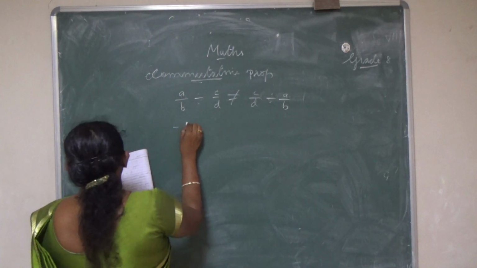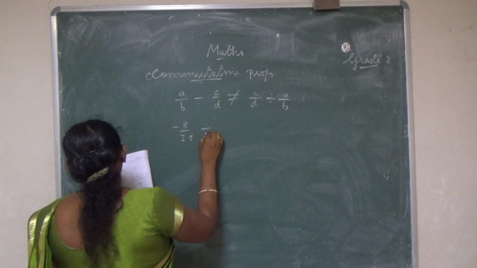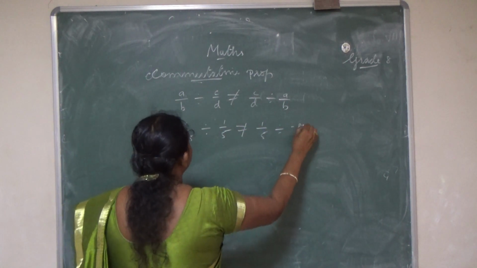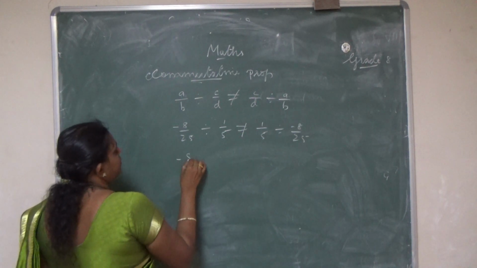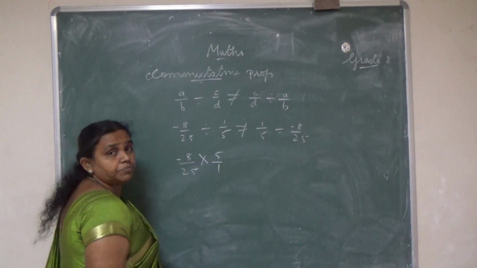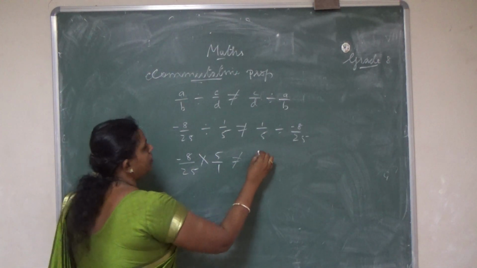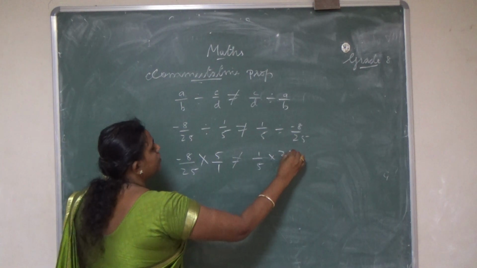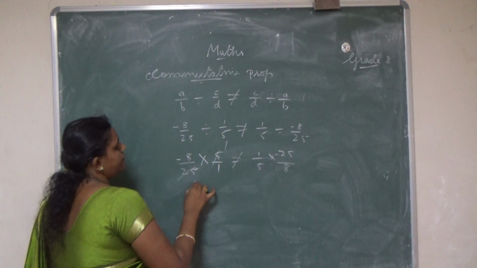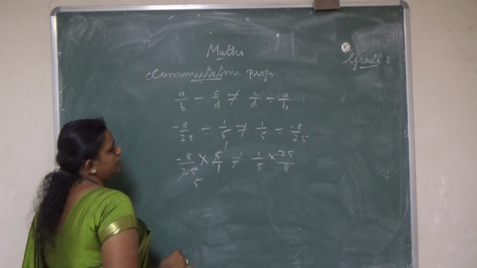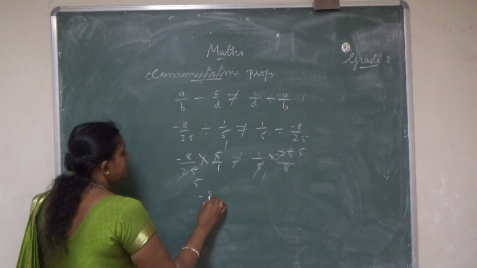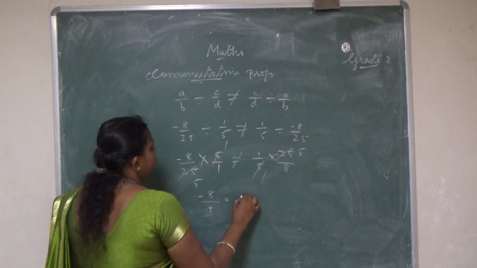Minus 8 by 25 divided by 1 by 5 is not equal to 1 by 5 divided by minus 8 by 25. Minus 8 by 25 into 5 by 1 gives minus 8 by 5, and 1 by 5 into 25 by minus 8 gives minus 5 by 8.